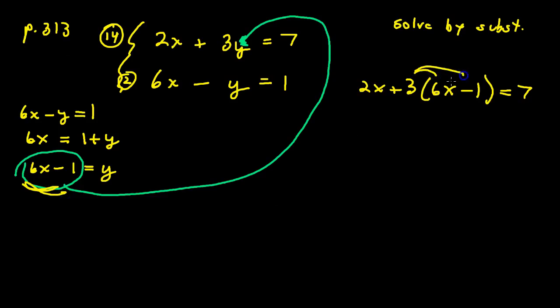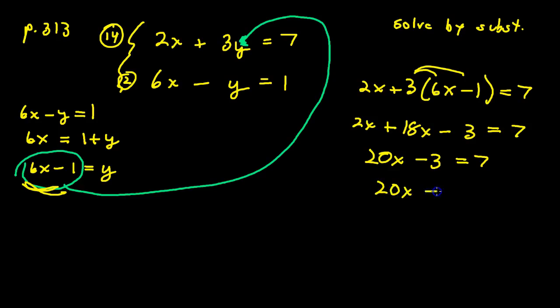I'll perform this multiplication. 2x plus 18x minus 3 equals 7. Let me check that. 3 times 6x is 18x. Minus 3 times 1 is 3. Looks good. I'll get a 20x combining like terms on the left. 20x minus 3 equals 7.